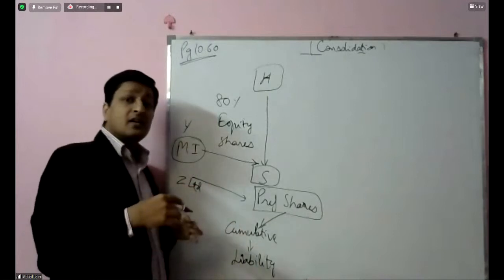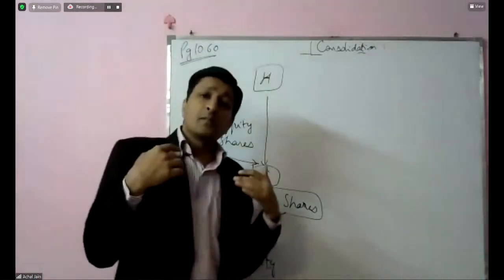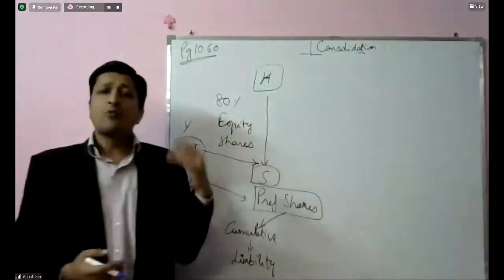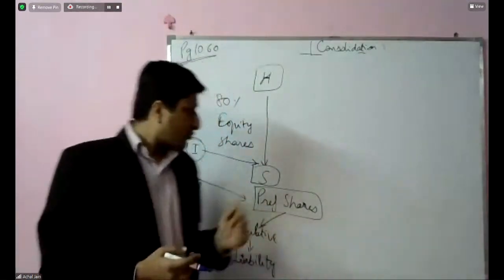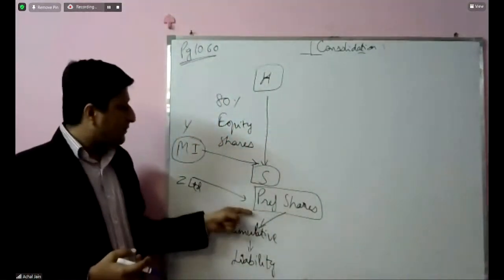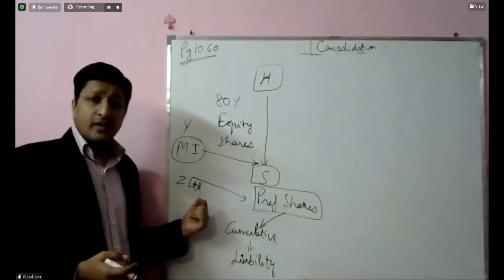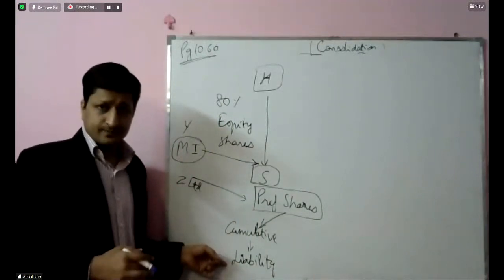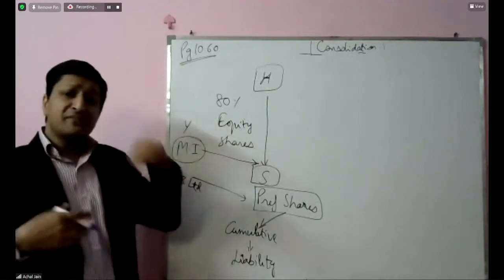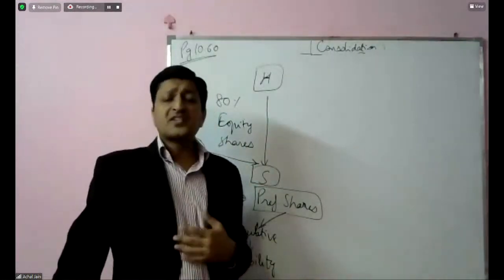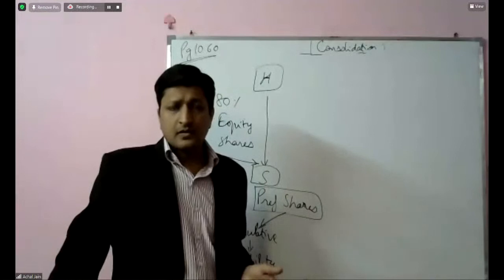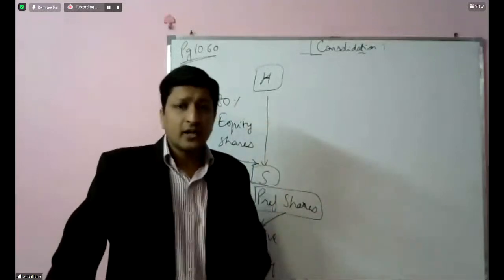Now Z Limited is the preference shareholder outside the group. So what will happen? S Limited will have to make the payment to Z Limited for the preference dividends.